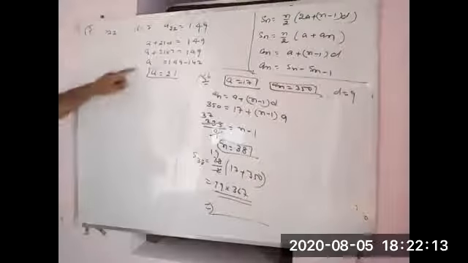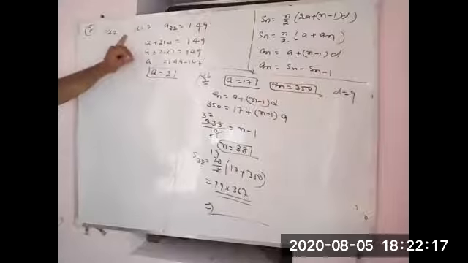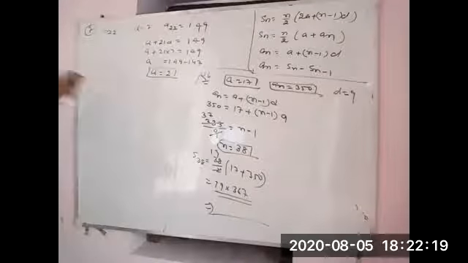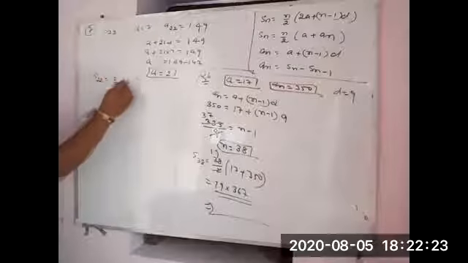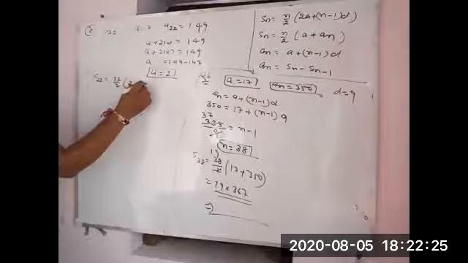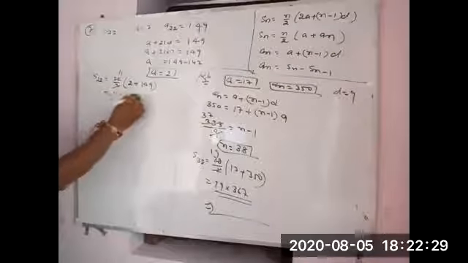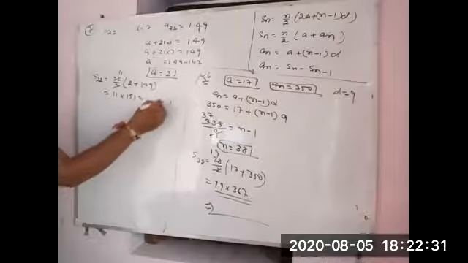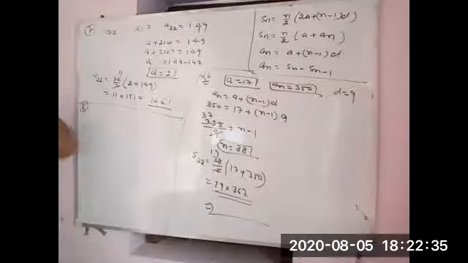Okay, now we have the value of a, we are having the value of d. So we have to find out S22. 22 by 2, a plus an, 2 plus 149. 2, 11. 11 multiply 151. 1661 will be your answer here.